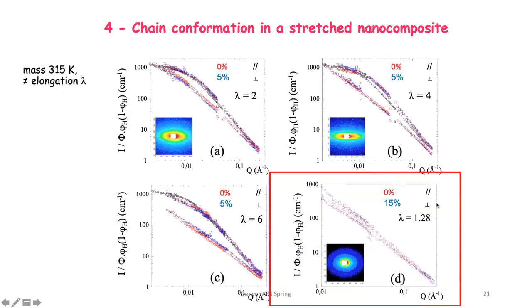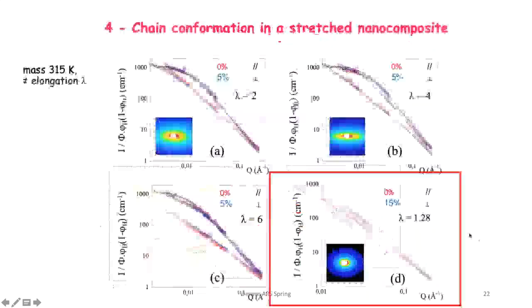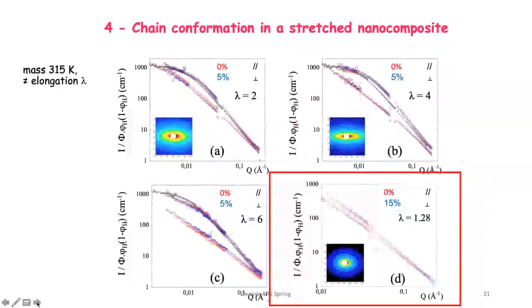So we also did, as you can see on the bottom right, some much more concentrated system, but in this case we could not deform it a lot because the modulus was so high that it would break. So we only reached a value of 1.28, for which you can see again that the scattering superposed between the non-deformed one and the deformed one.